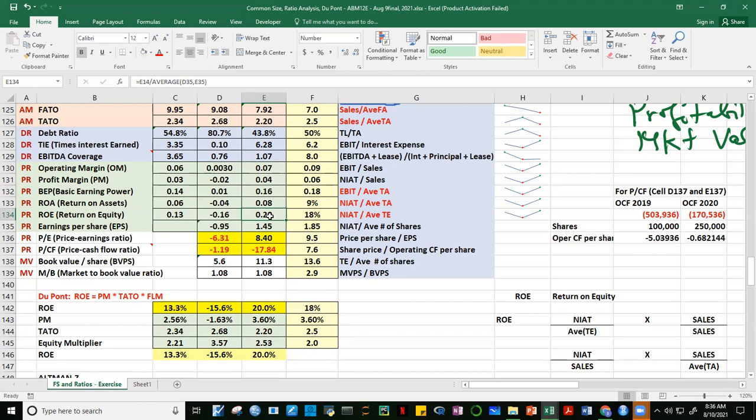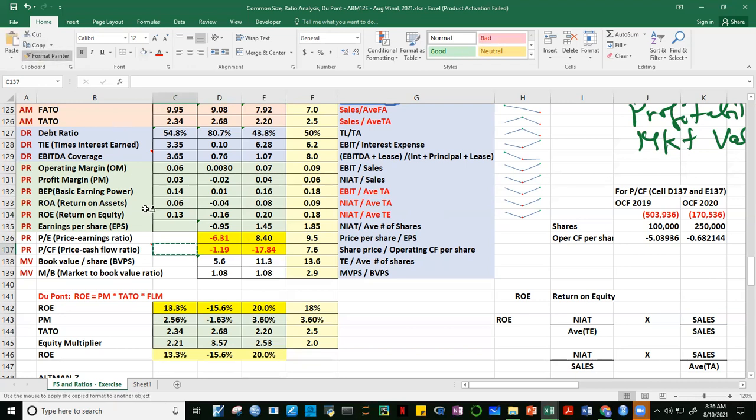In fact, yung ROE ng company natin is much better than the competitor. 0.18 lang sa competitor, tayo 0.20. So which means we're generating more profit for every peso of investment by the shareholders.